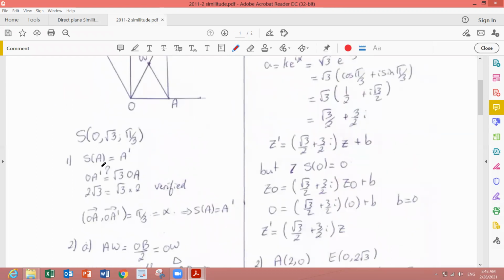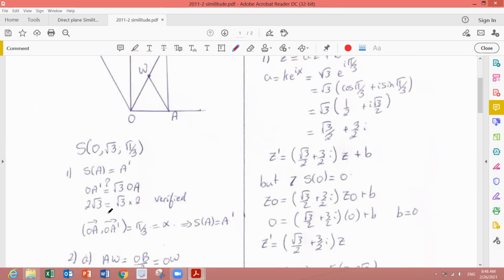I have to prove that OA prime equals radical 3 OA. OA prime is 2 radical 3. OA is 2, so it is verified.